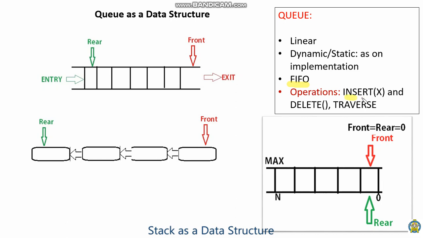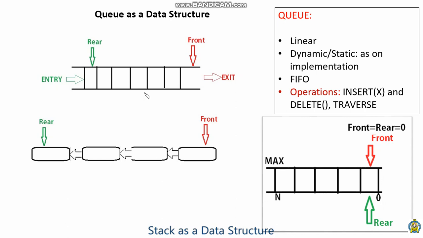Operations possible, we can insert an item or entry of an item, or we can delete an item, and we can traverse the list of the queue. So let's see how the operations can be performed or implemented using both.